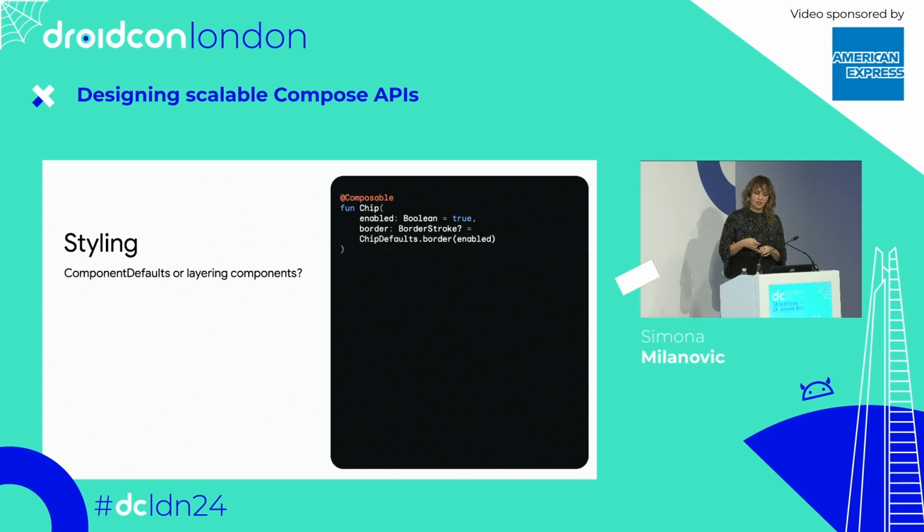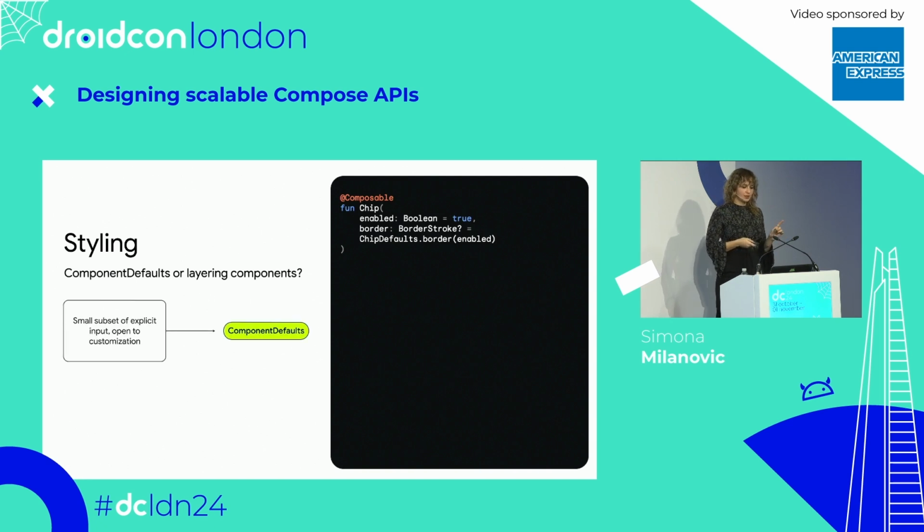Extracting defaults into the component object might seem like it's clashing with the recommendation of layering multiple components. So why would you have separate layers if all you can do is just establish a different component default for each type? Keep in mind that component defaults only hold a very small subset of explicit inputs such as colors, borders, etc. This component is still going to be very much open to your free customization.